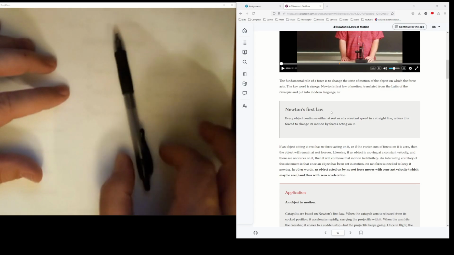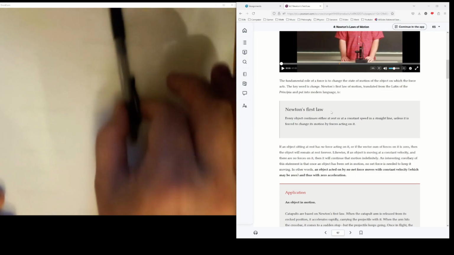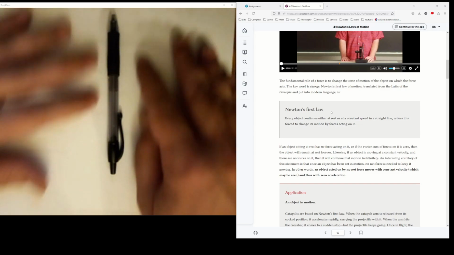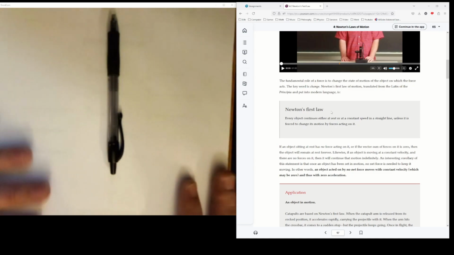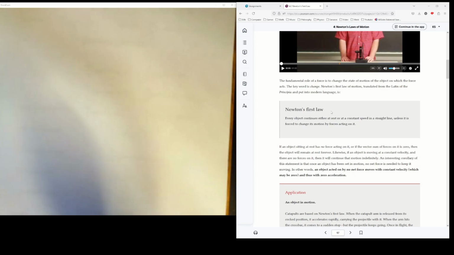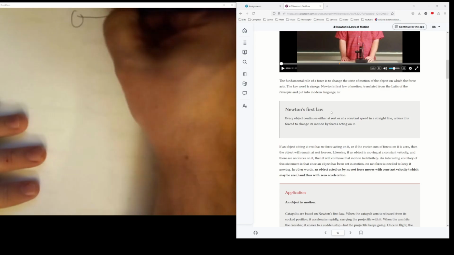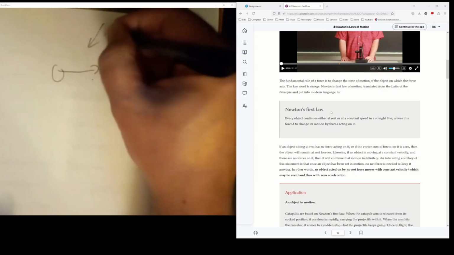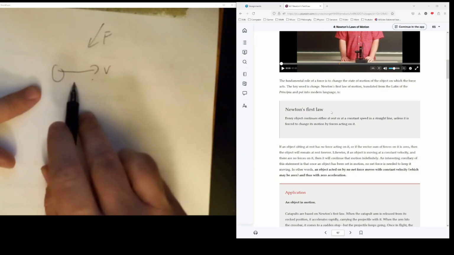If there were no forces acting on my pen and I slid it, it would want to slide forever. What stops my pen from sliding forever is the frictional force from the surface it's sliding on. That's Newton's first law: an object in motion wants to stay in motion unless some force comes in and changes that.